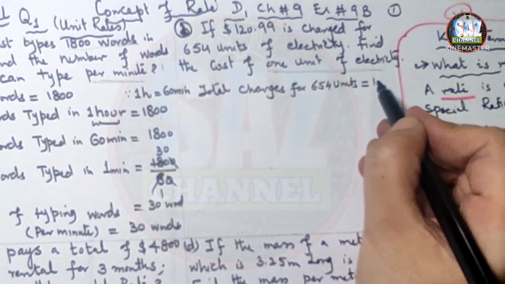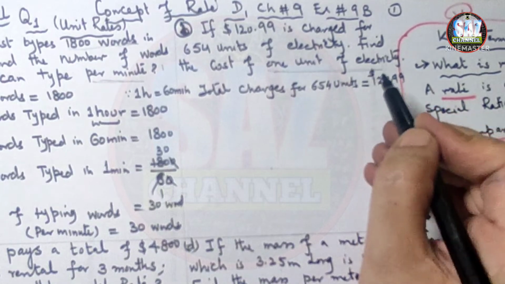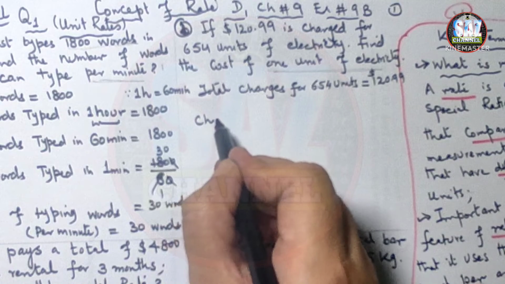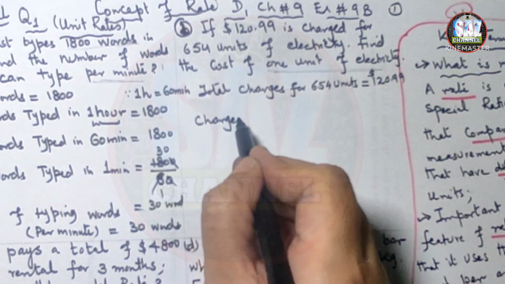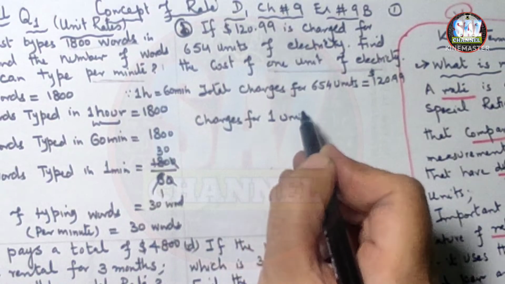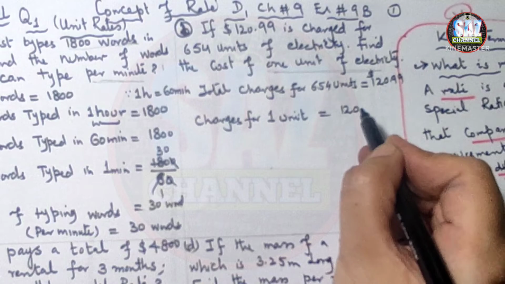And what is the requirement of the question? Charges for 1 unit. Now what we have to do is 120.99 divided by 654. This is a big calculation, student.